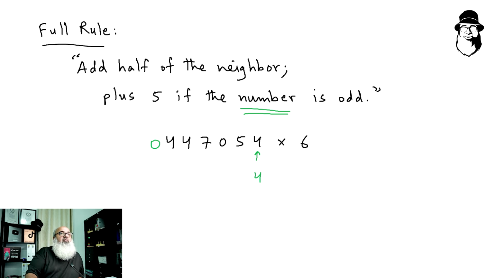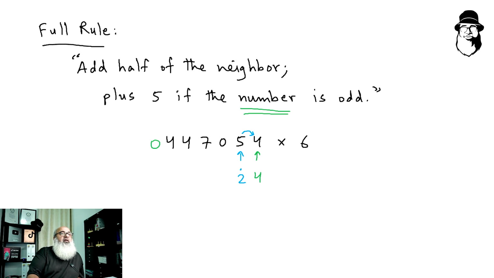Then we are at this number. As soon as we look at the number, it's odd, we add right away, we add 5 to this number to make it 10. And then we add half of the neighbor. 10 plus half of the neighbor is 2. 10 plus 2 is 12. So we write 12 like this, remember?